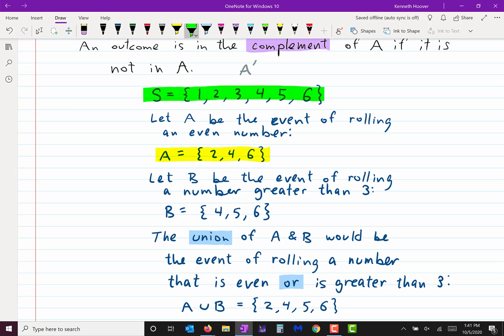A has 3 what we call elements. There's 3 things in A, and there's 6 things in the sample space. We say the sample space has 6 elements. So what's the long-term relative frequency of A? It would be 3 divided by 6.